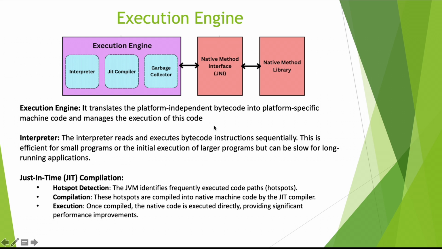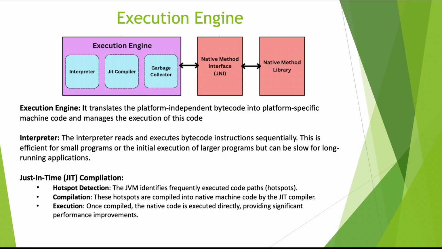Once our runtime data area starts executing our class file, it is passed to the execution engine, which converts that bytecode into platform specific machine code and executes it on that operating system.